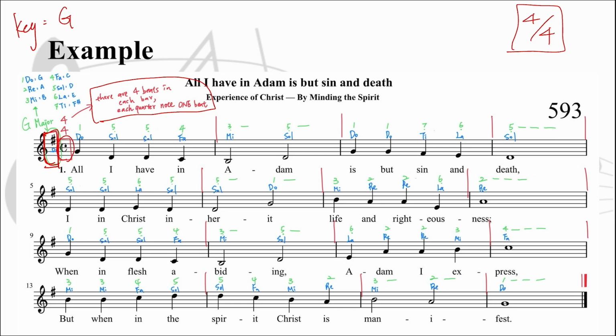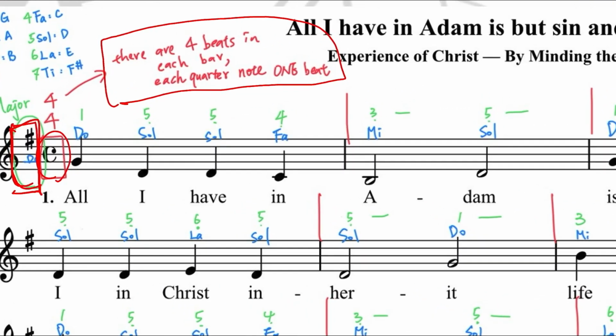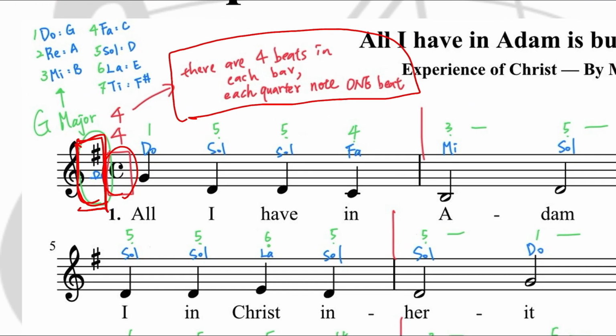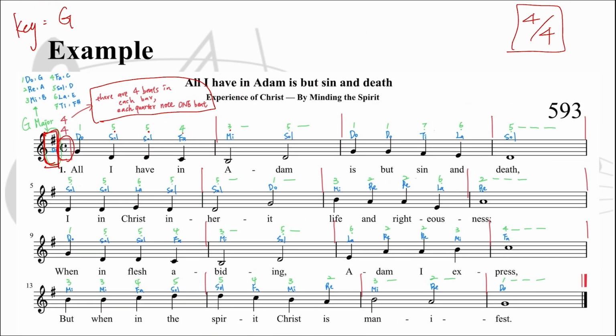Okay, and another part is that last time we have mentioned, if it's a lower pitch, it means we need to add a dot under it. Okay, and if it's higher, we will have the dot above.